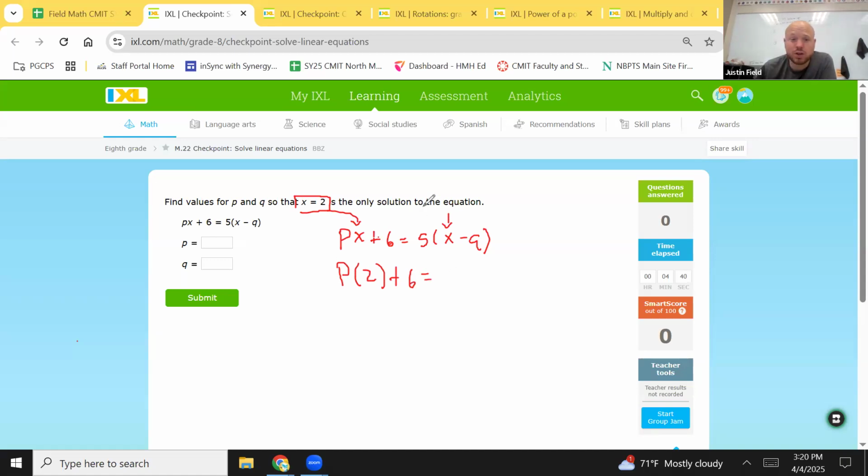Notice I did not Google it. And then 5, 2 minus Q. Okay. So now I have 2P, now I'm just simplifying, plus 6 equals, and then I'm going to distribute 10 minus 5Q.